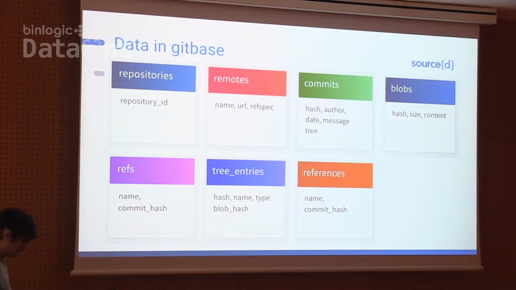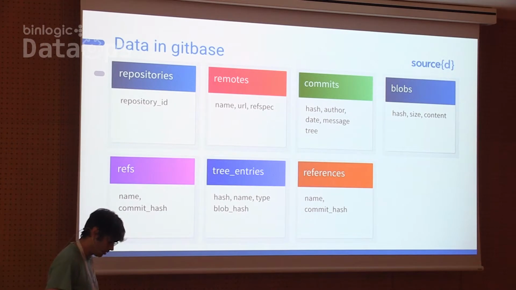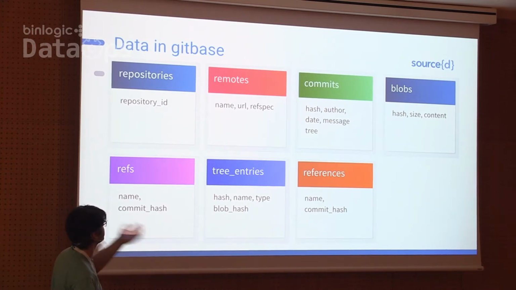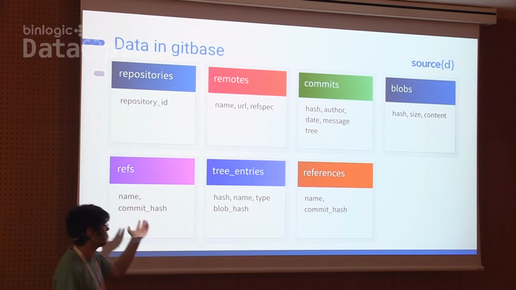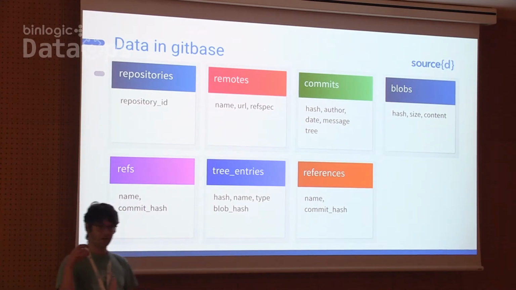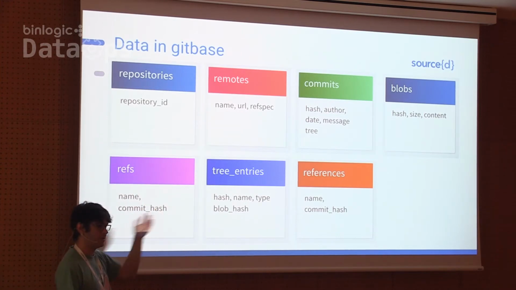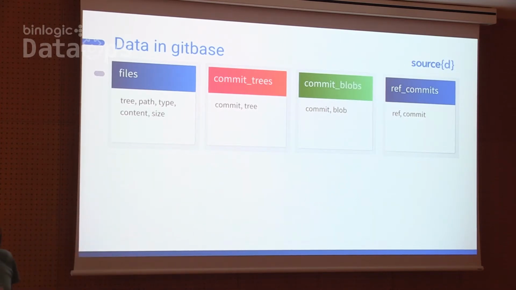These are the tables that we have in Gitbase. If you've been working with Git, probably you know some of them. For example, commits, it's something that you know what it is. Blobs are also the contents of files. So everything that you see here is terminology from Git. These are objects that are already in Git. These are the other tables that I talked to you about before, that have some relations.